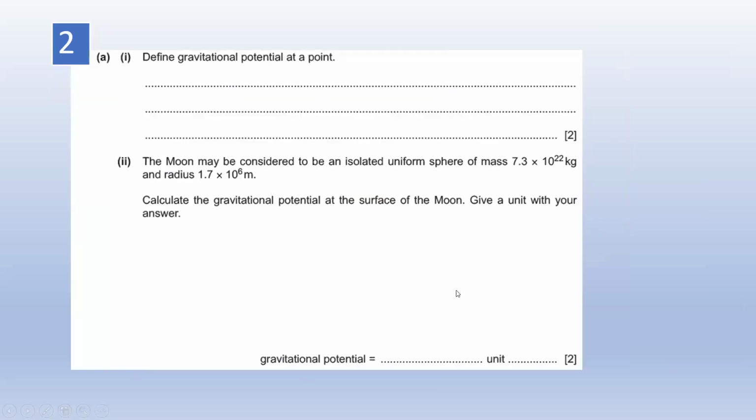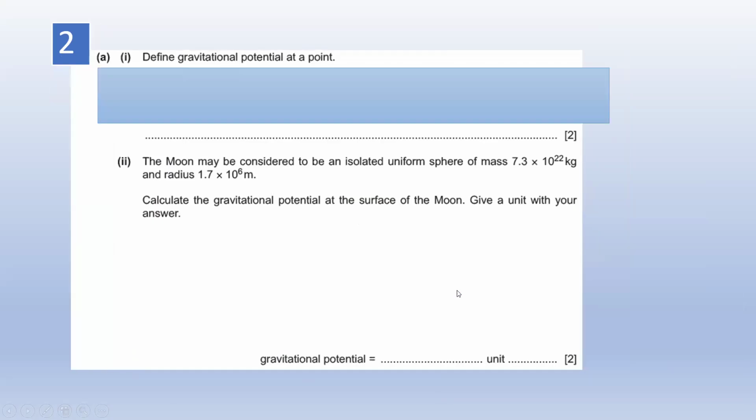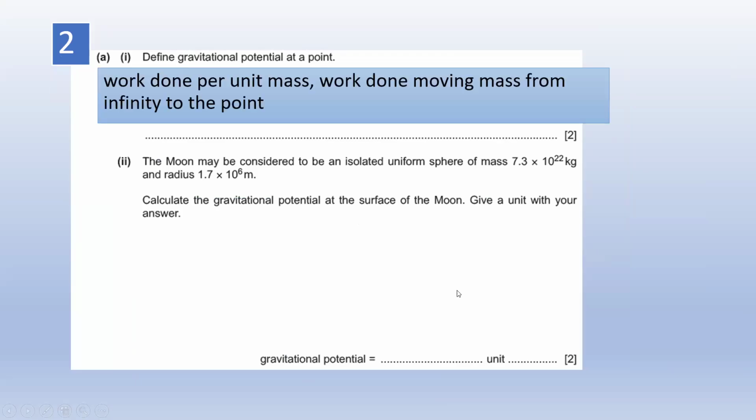Define gravitational potential at a point. Work done per unit mass in moving the mass from infinity to the point. The moon may be considered to be an isolated uniform sphere of mass M and radius R. Calculate the gravitational potential at the surface of the moon.